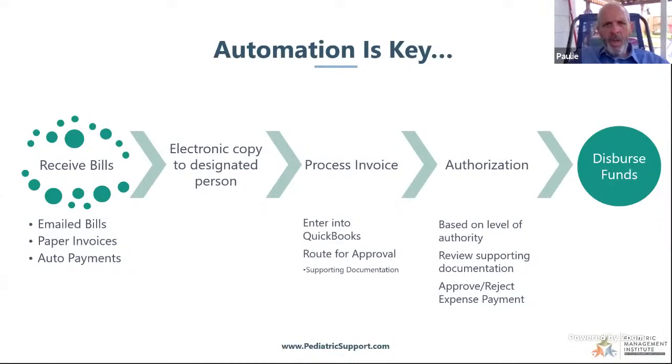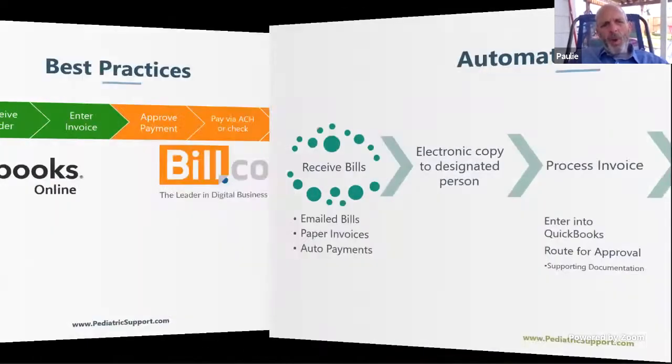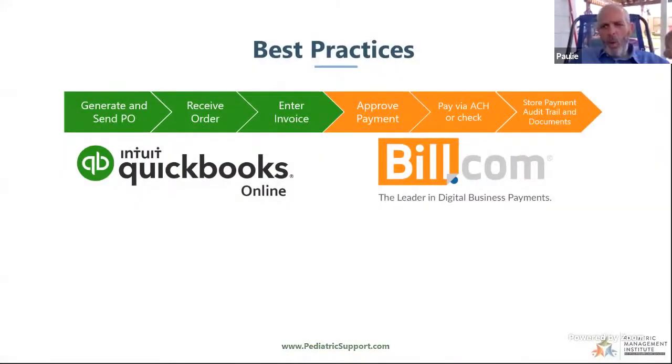Now, the simplest way to do this, if you're using QuickBooks Online, is to get an add-on product called Bill.com. And I have no financial interest in QuickBooks or Bill.com, other than to share with you what I use as the CFO in the practice I'm with, which has 25 providers.